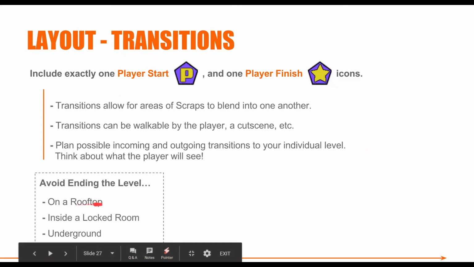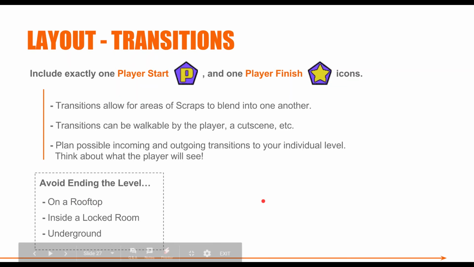So like I just mentioned with a rooftop, avoid ending the level inside these spaces: on a rooftop, inside of a room with no doors or that's locked, inside of a safe and the safe closes on them and the level ends. You're not going to very easily be able to get to the next level. The same goes for underground. That doesn't mean you can't have an underground level.